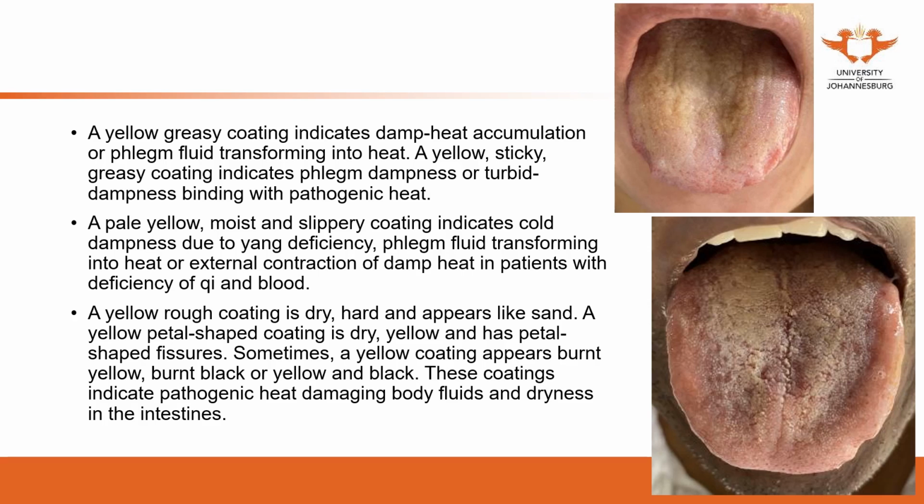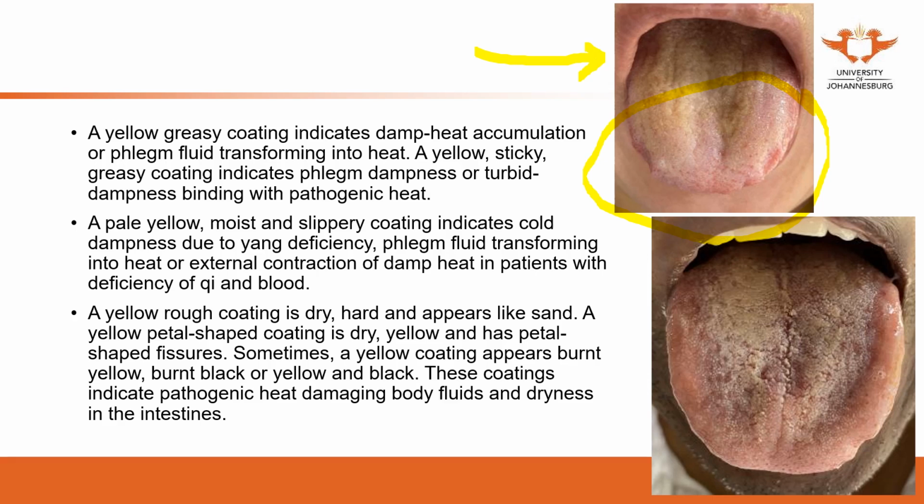So that's something you need to think about. It can be exogenous heat from exogenous pathogens, but the body constitution is cold. That's why it's pale. But now, all of a sudden, the patient suffers from exogenous heat.